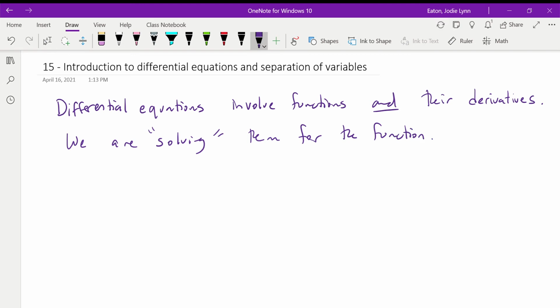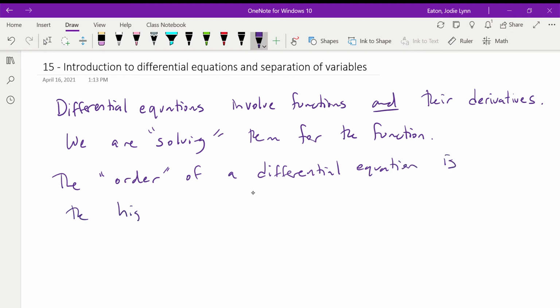Okay. The order of a differential equation is the highest derivative that is involved in it.